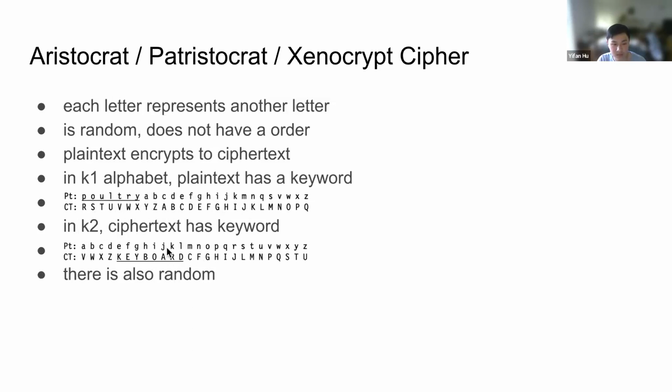So this would be the alphabet, and then this will have a keyword in it. And then there's also the random cipher, which has no order to anything. It can map to any letter as long as none of them map to the same letter.